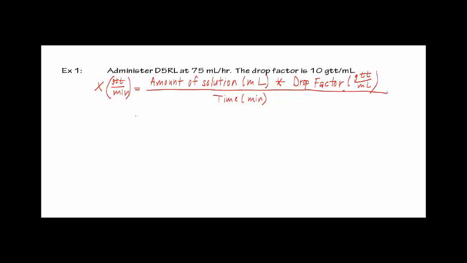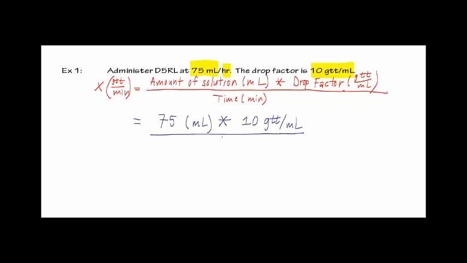The amount of the solution is given as 75 milliliters, times the drop factor, which is 10 GTT, or drops, per milliliter. And this will all be divided by the amount of time. The time is given as 1 hour. Considering the measurement needs to be in minutes, instead of writing 1 hour, we're going to write 60 minutes.